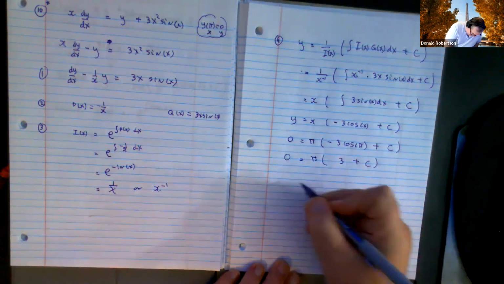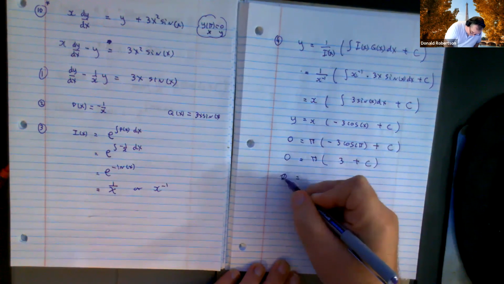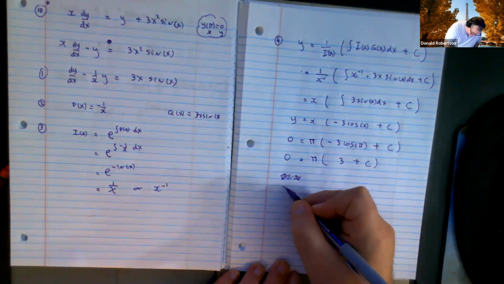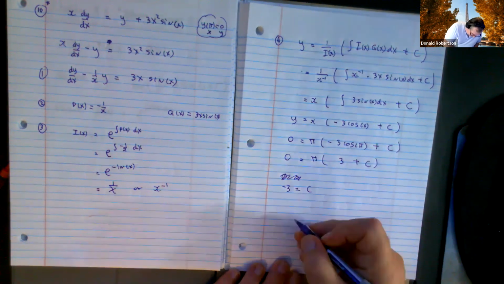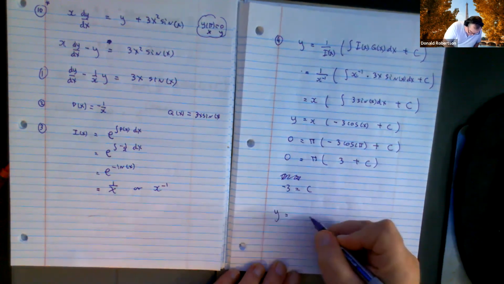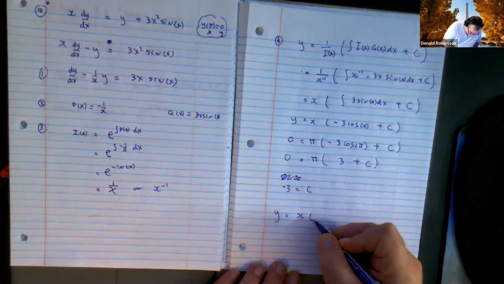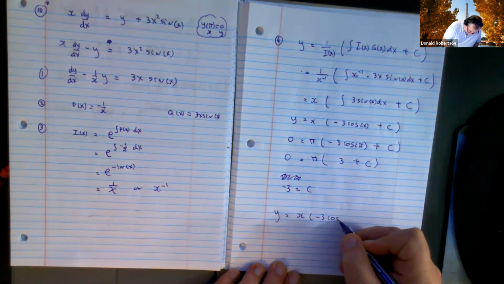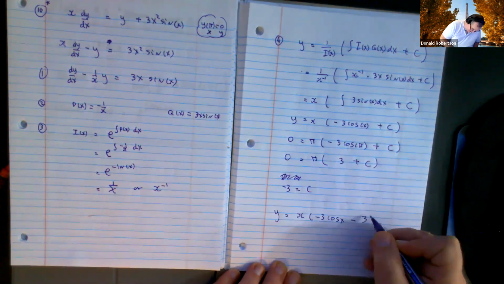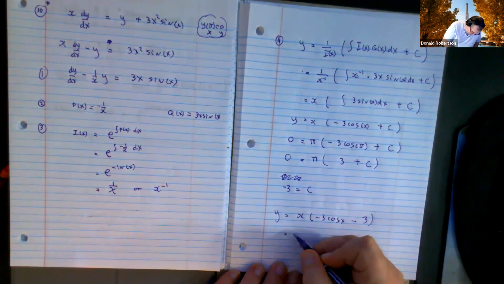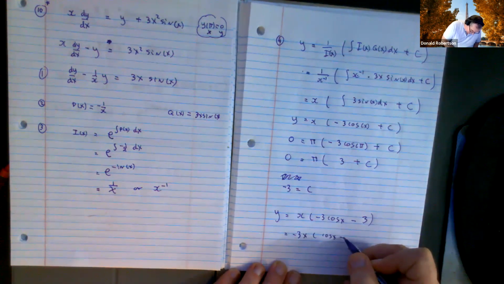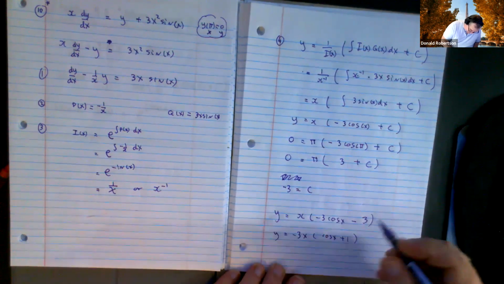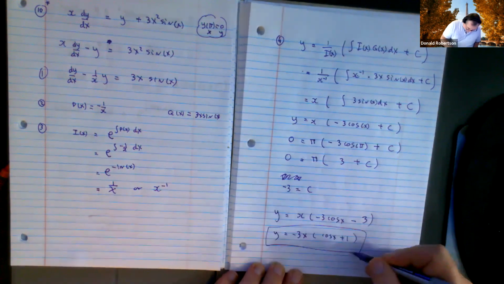And then, oops, it basically tells me that c is negative 3. Right? So I have x times negative 3 cosine x minus 3. And for style point purposes, I would probably pull out negative 3 as a common factor.